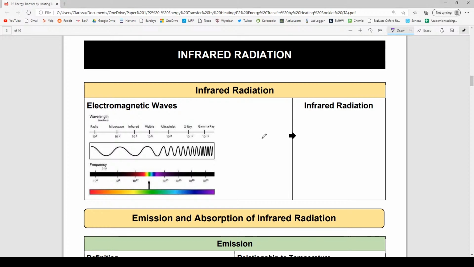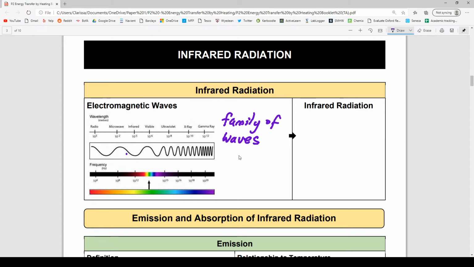Electromagnetic waves, you're going to go into more detail about this in a later topic, so don't worry too much right now at this stage about knowing everything about electromagnetic waves. But basically, it's just a family of waves, not particles.